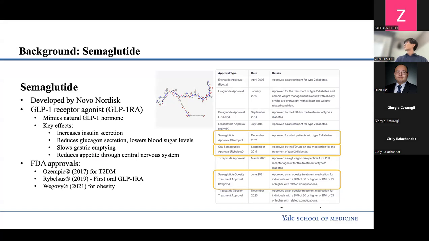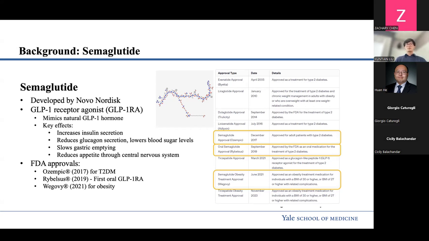On the right, you can see the timeline of FDA approval for this kind of drug. In 2017, semaglutide was first approved for type 2 diabetes under the brand name Ozempic. Two years later, its oral formulation got approved.